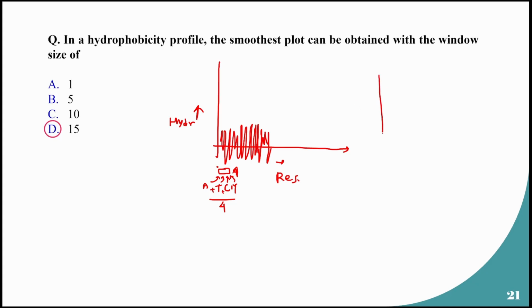Now if you do it for all of the residues that are present in the sequence, instead of having all of this cluttered value, you will have one value here, one value here, one value here, and so on and so forth. Because now you are only considering four window sizes, you place the dot at the midpoint section and then connect the dots.